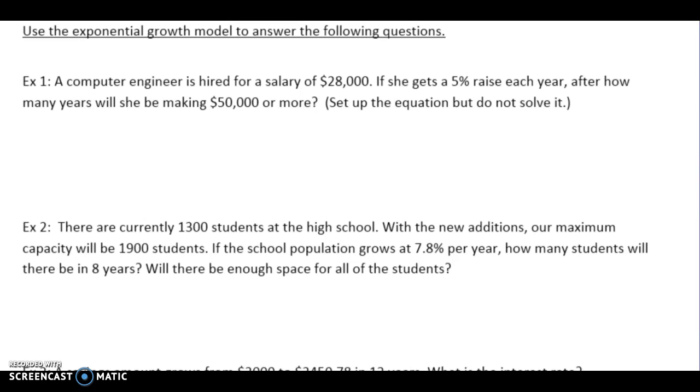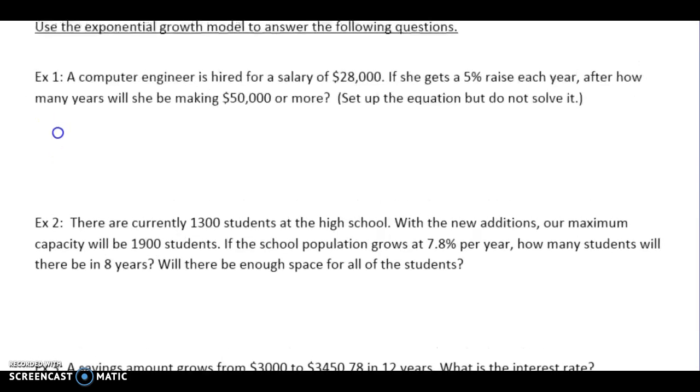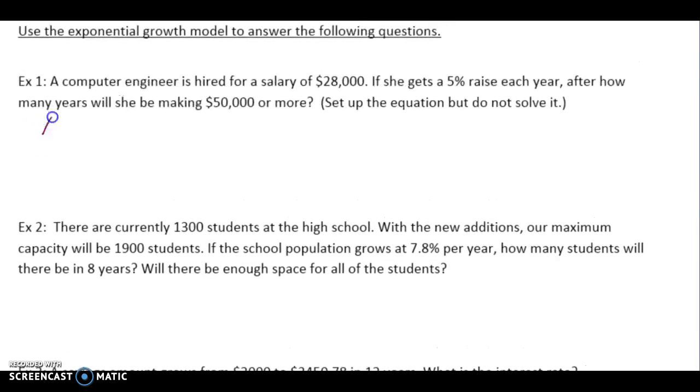So here's our formula. A is the final amount, or sometimes they put Y. A equals the principal times (1 plus the rate) to the time. So what is the final amount? Whatever we get on the left side of the equation, that's the final amount, so that's going to be $50,000 equals, or more.